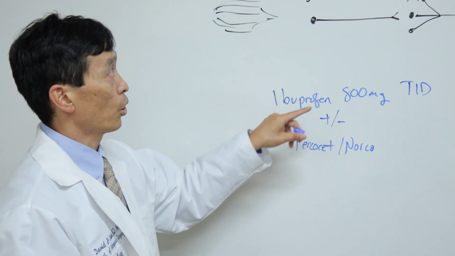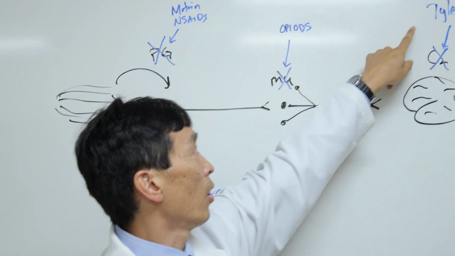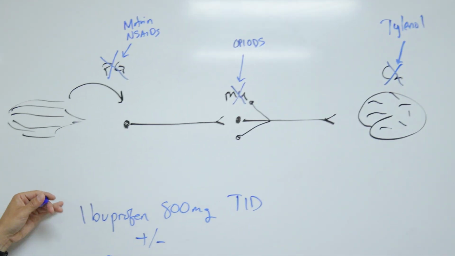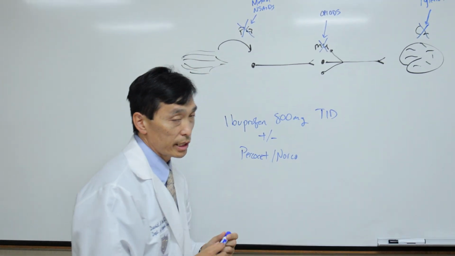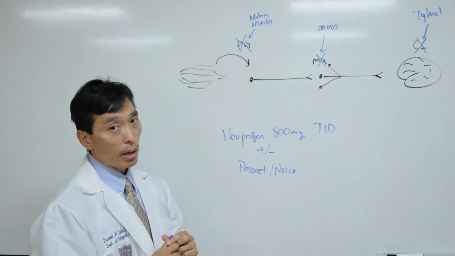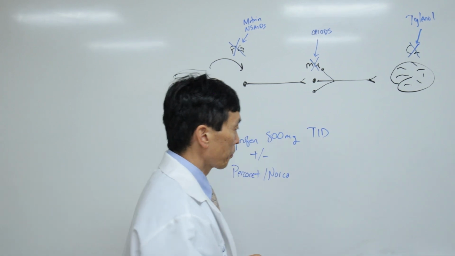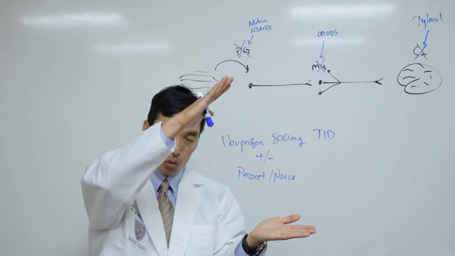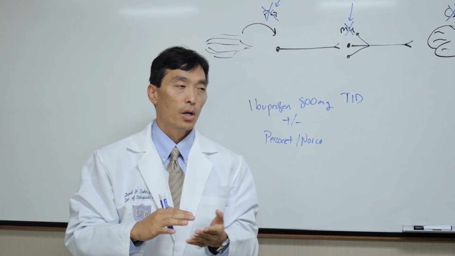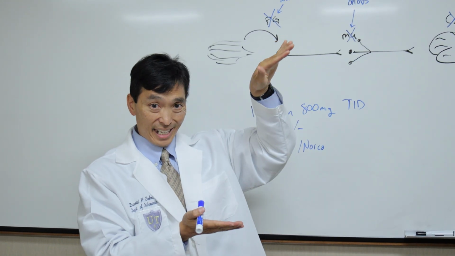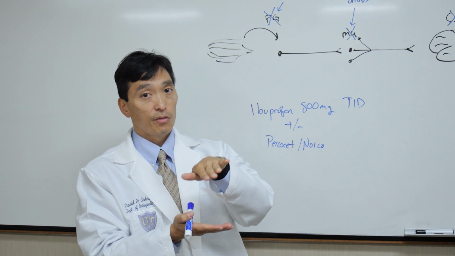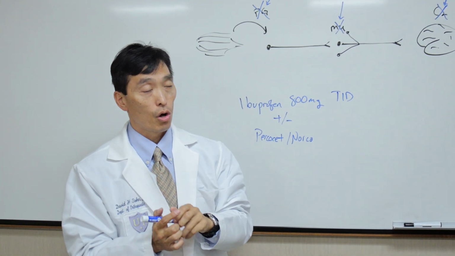Both Percocet and Norco contain Tylenol and opioids. So you can see this combination will hit all 3 parts of the pathway. I also wish to be clear about what we will prescribe and when. Because we want to do something called tapering, right? We're going to prescribe opioids just at the very beginning, but then each prescription we give will be less and will have to last longer.